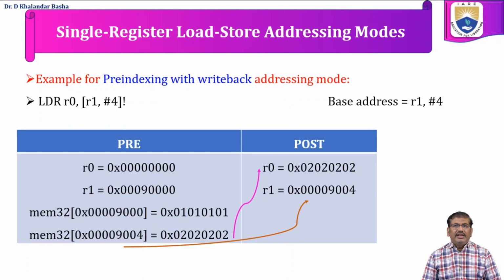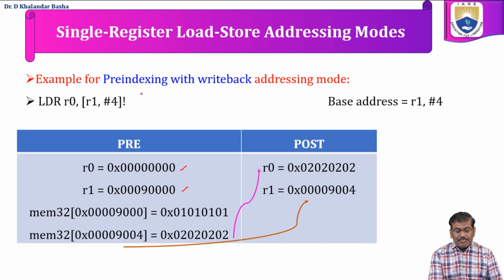So now we will see the pre-indexing with the write back addressing mode. Let us consider we have the instruction LDR R0, [R1, #4]!, where the base address we can take as R1 plus #4. Here the R0 register is 0, the R1 register is 00090000. Let us consider the memory at address 9000 is 01010101, whereas at the 9004 location it is 02020202.